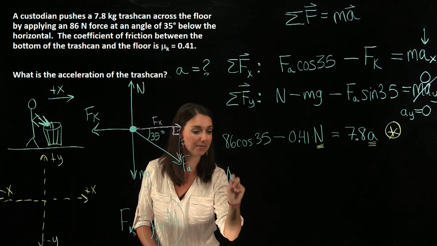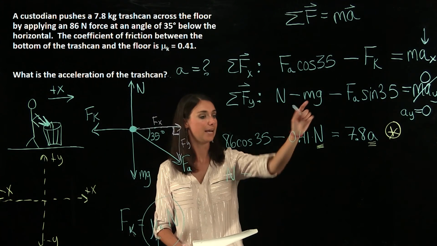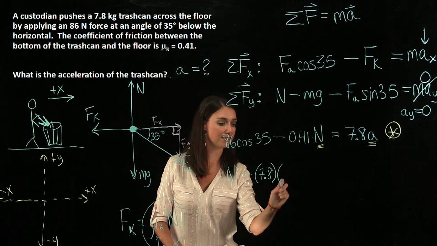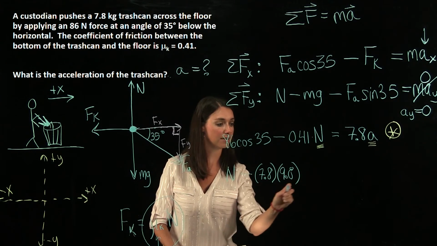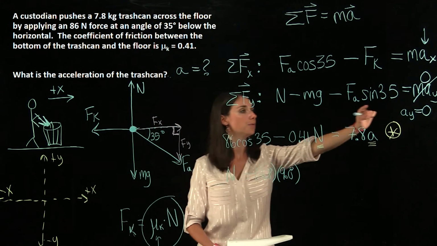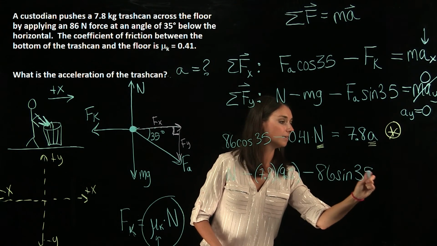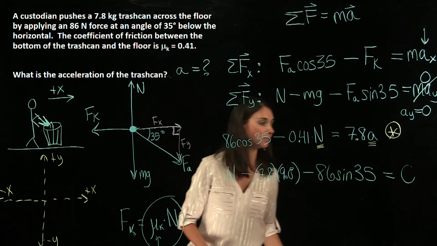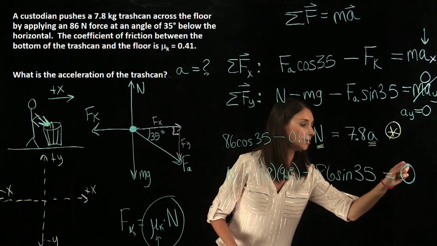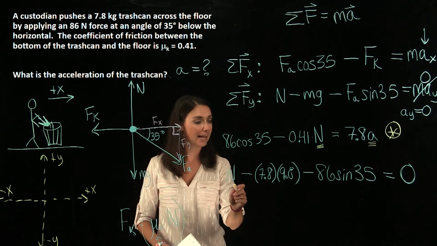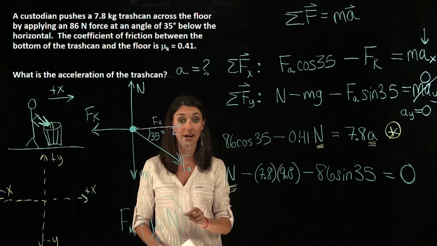N is our unknown, minus mg, which is going to be 7.8 times gravity, 9.8, minus this stuff. And we had decided that this was going to be equal to 0. So this is where you can use a little bit of algebraic substitution, and you can solve for your normal force now.